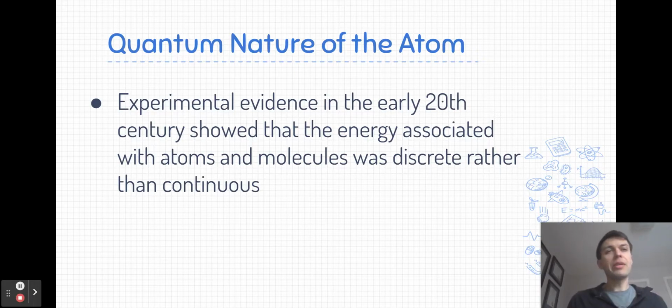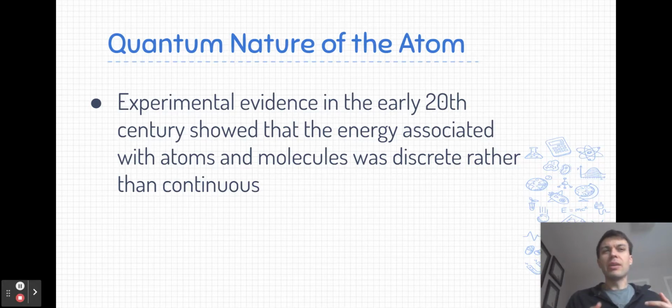One way to think about it is that it comes in little packets rather than something that is radiating at us like we experience it. So, for example, if you open an oven door when the oven's on, you feel the heat coming at you. It doesn't feel like raindrops hitting you one at a time. You just feel the constant flow of the heat. That would be continuous energy.